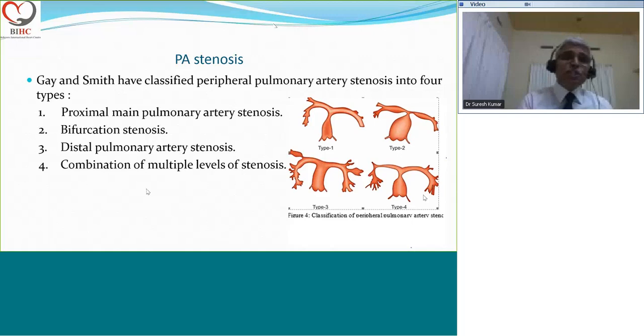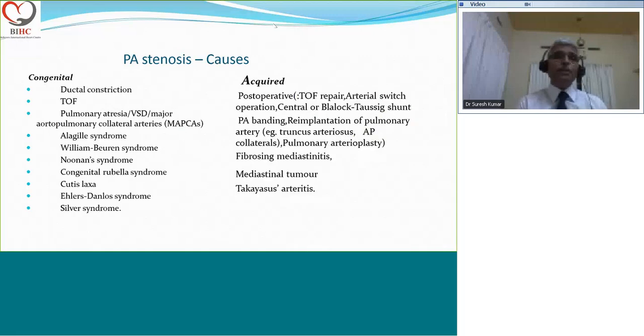The causes of pulmonary artery stenosis are varied. They can be congenital or acquired. Congenitally, perhaps the common cause for pulmonary arterial stenosis that you see is in the left pulmonary artery at the point of ductal constriction. Remember, just as there is juxtaductal tissue in the aortic wall, juxtaductal in the pulmonary arterial wall also there is ductal tissue that is prone to constriction, and you may find an isolated LPA stenosis.